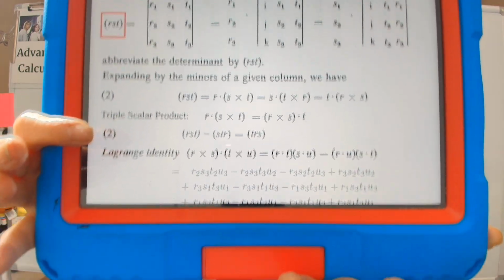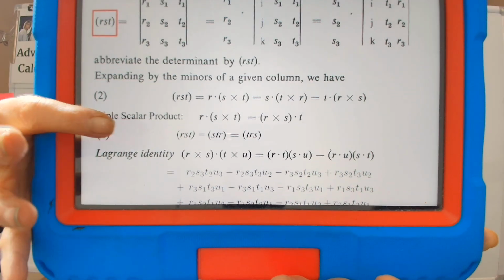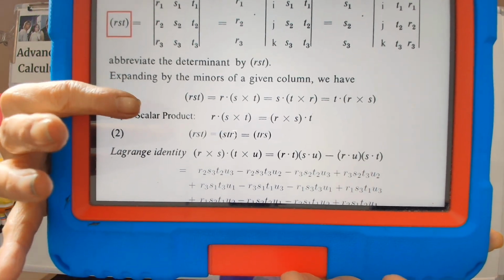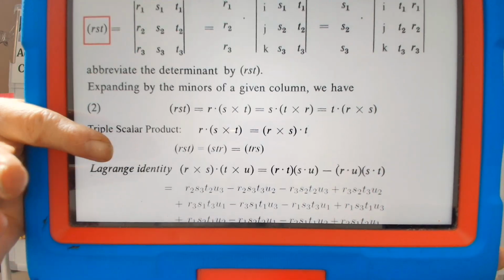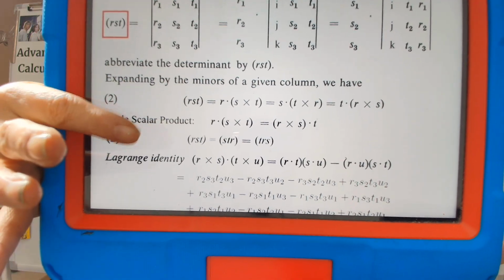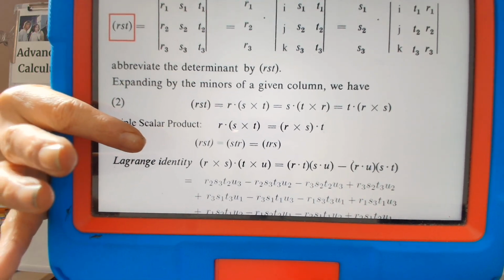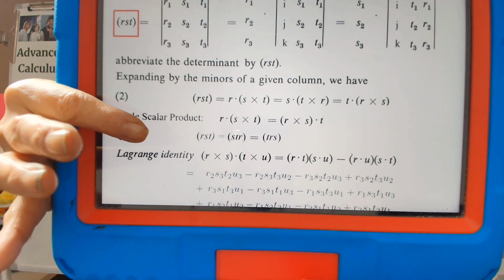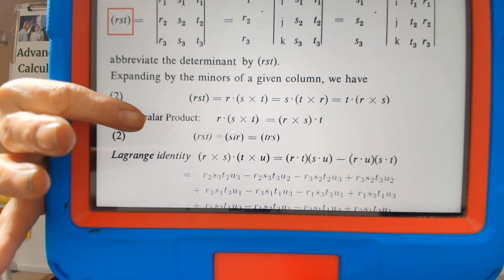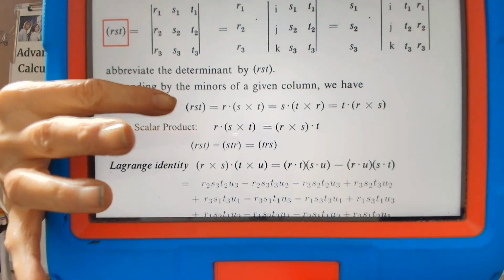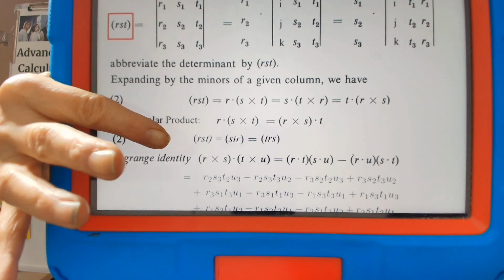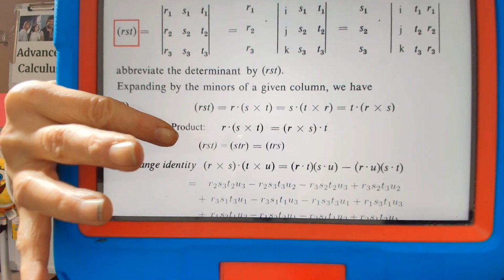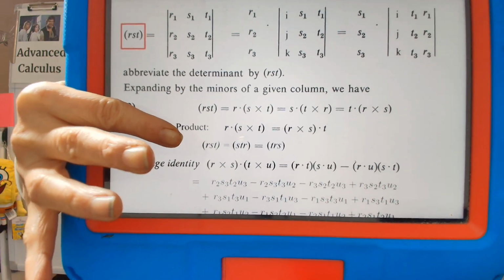Anyway, as a result of equation 2, you notice that (RST), which is R dot S cross T, is equal to S dot T cross R, so (RST) is the same as (STR). In other words, R got shifted to the end. R is at the first position, and it got kicked to the end, whereas S and T got moved forward. So you kick the first term to the end, basically.